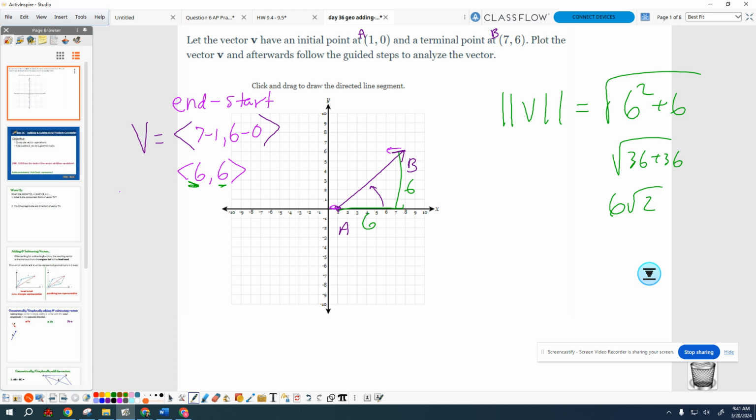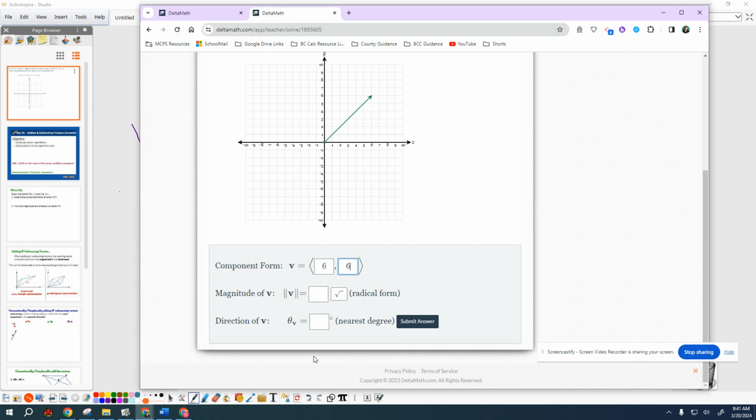Sorry. Should we start to remember how to do that again? You should always remember how to do that. It would be great. But let's see, they did not ask us to, so let's see if they'll take just square root of 72.